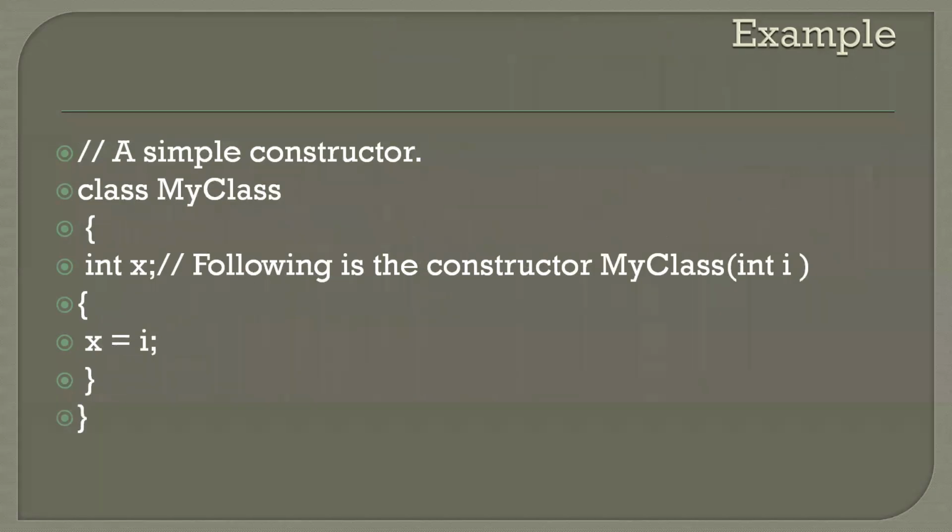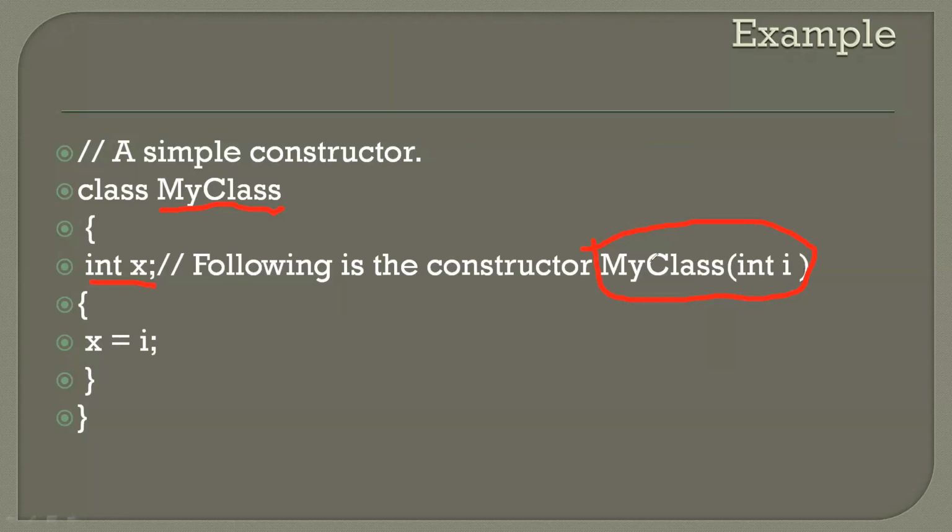There is one class where the name of the class is MyClass, which has an integer variable x. Inside MyClass, if you observe, there is a constructor, MyClass of int a, which has some body.